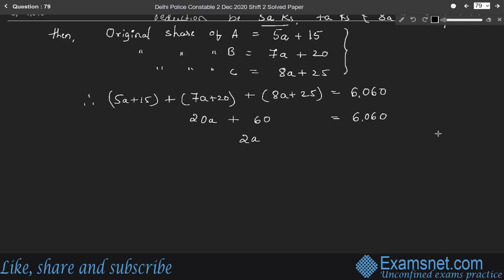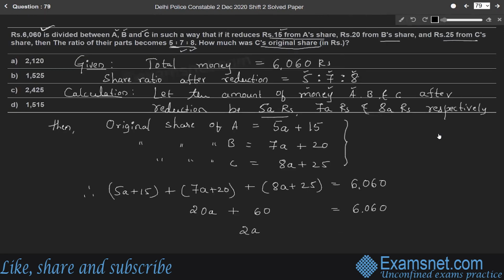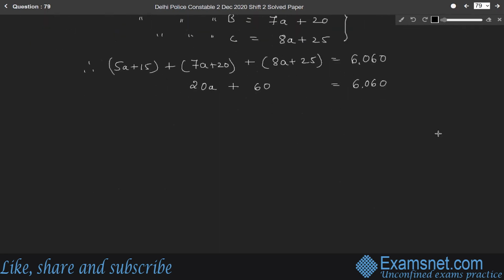Therefore, 20A is equal to 6,000, right? Therefore, A is equal to 6,000 by 20, which is equal to 300.